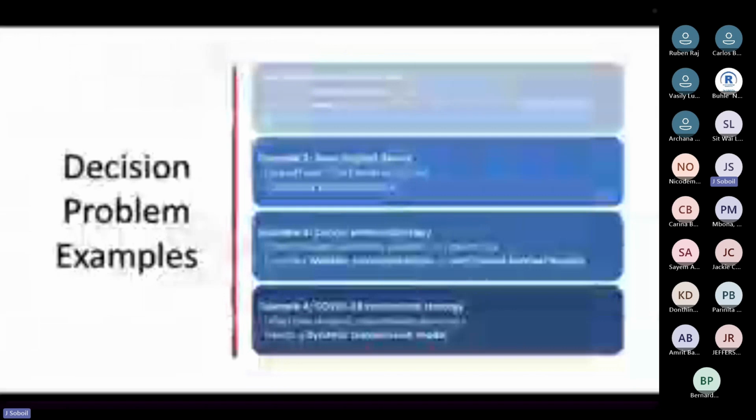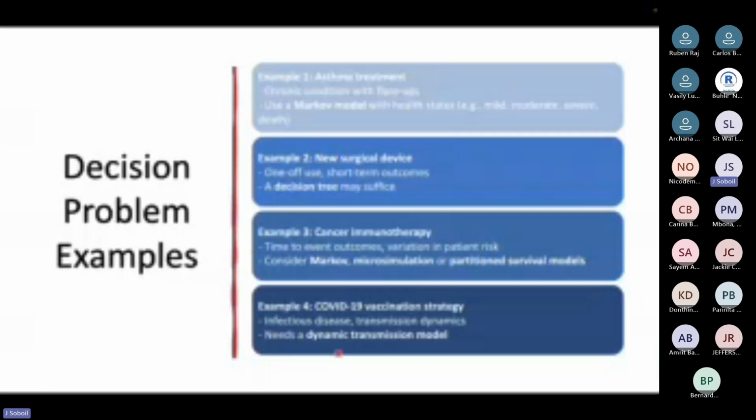But again, this isn't something we often see in HTA, just because a COVID vaccination strategy is often implemented very widely by governments, and it's not necessarily a specific targeted intervention for a target population.